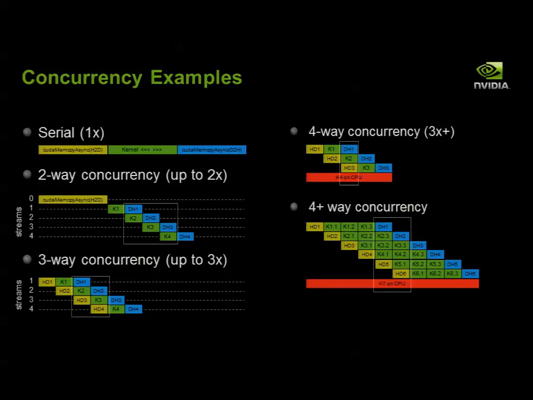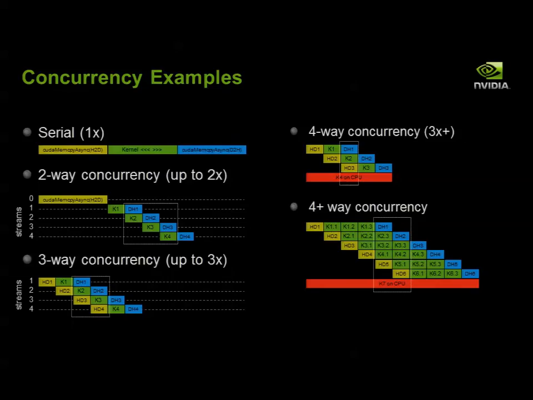You can have multiple transfers at the same time. On a K20X, you have 2 copy engines. That means you can have one copy from host to device and one copy from device to host at the same time, as shown here.